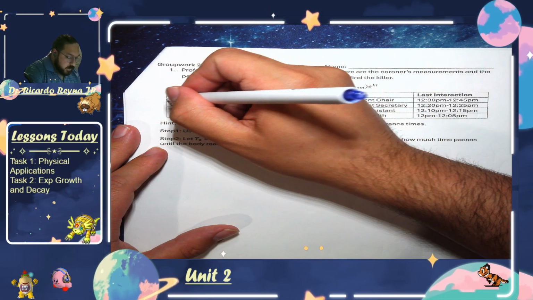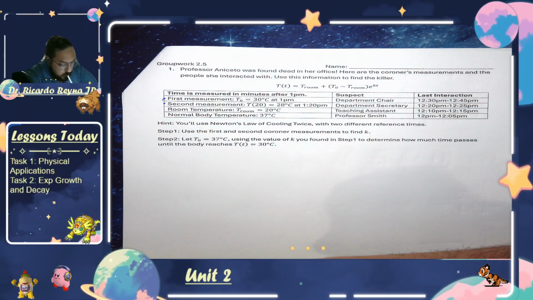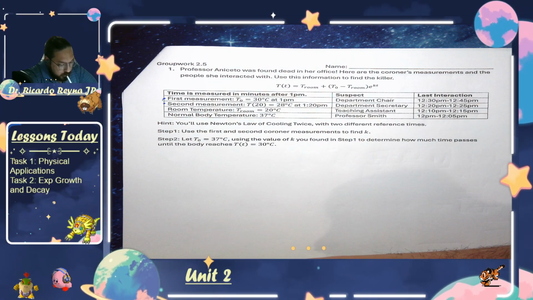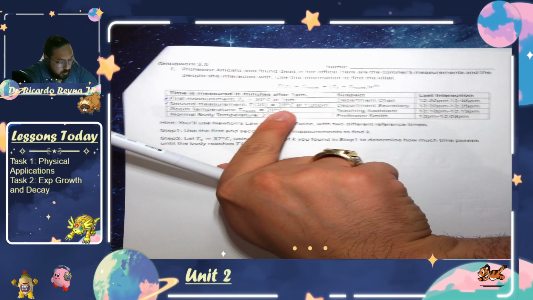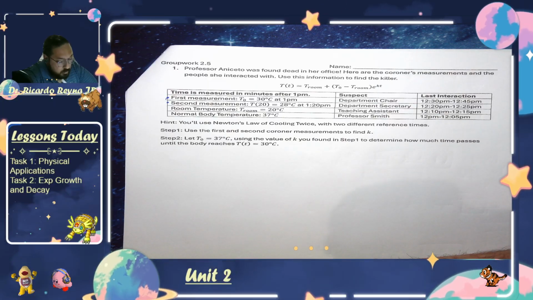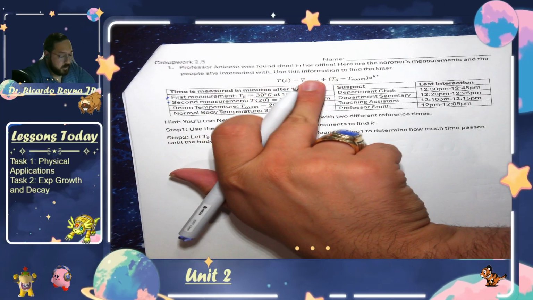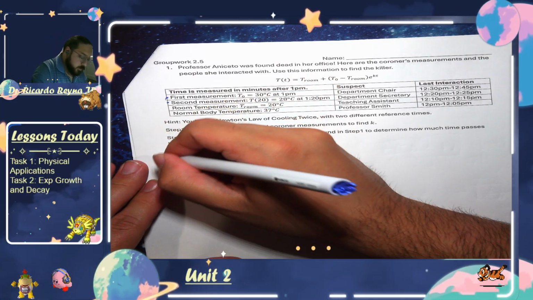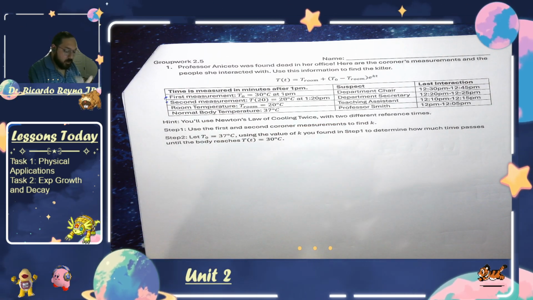So these guys state that the first measurement, T of 0, is equal to 30 degrees at 1 p.m. And then T of 20 is equal to 28 degrees at 1:20 p.m. So 20 minutes pass. So we can try to fill this in as much as possible for step 1. Here I'm going to color code.